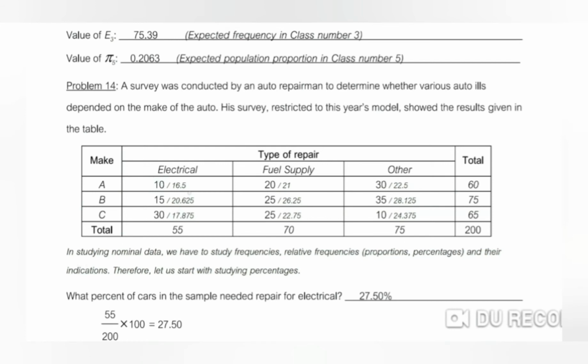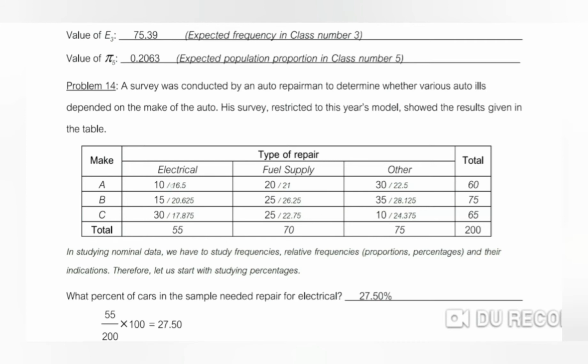And in his record, he saw 20 autos which are make A and which have fuel supply problem. So first row, therefore we say O, observed frequency, row 1, column 1 is equal to 10.